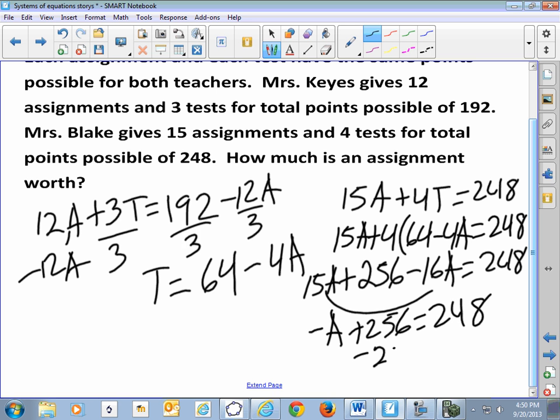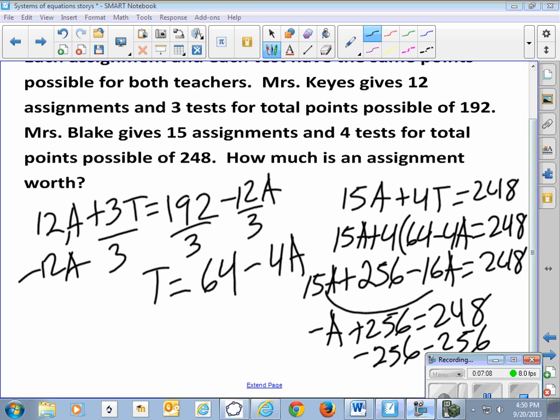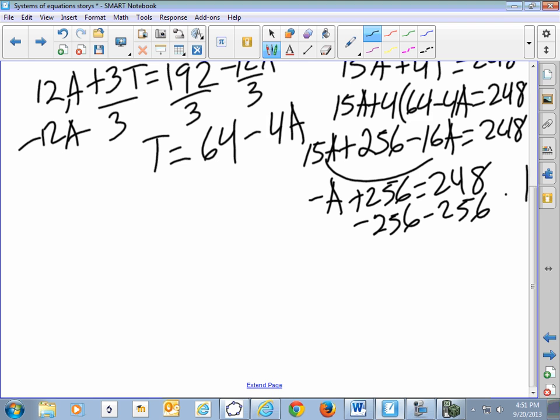Solving. So -A equals -8. So I can divide each side by -1.